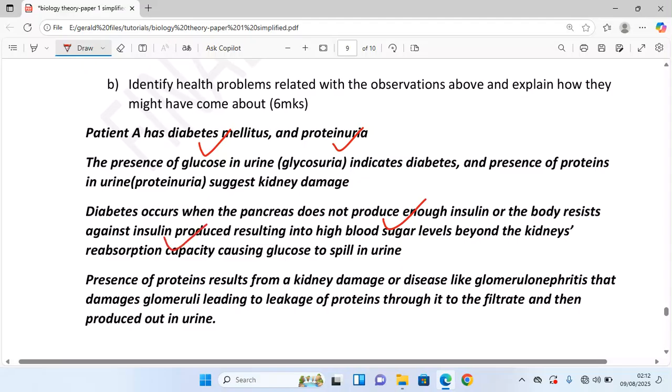So those are the causes of diabetes mellitus. And then the presence of proteins results from kidney damage or kidney diseases like glomerulonephritis that damage the glomeruli, leading to leakage of proteins through it into the filtrate and then out in urine. So those are the concepts that I expected to be talked about in that context.